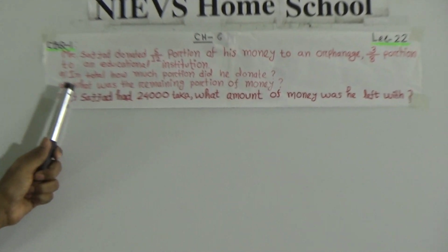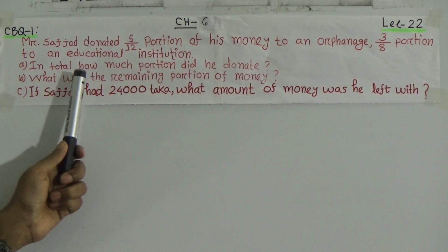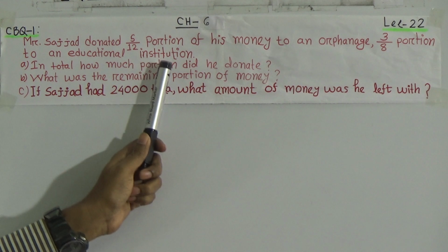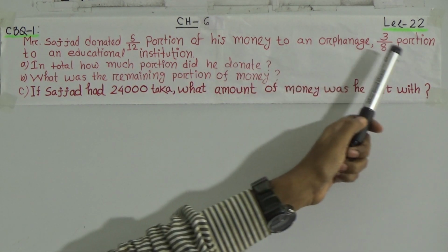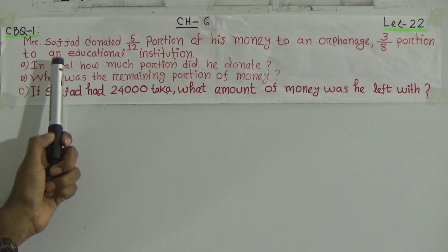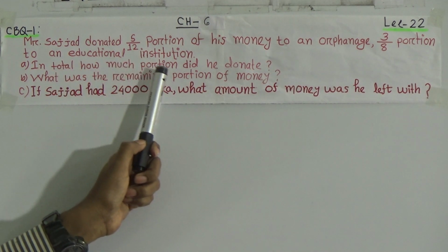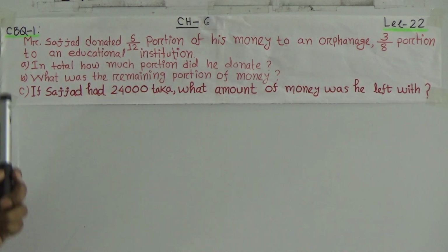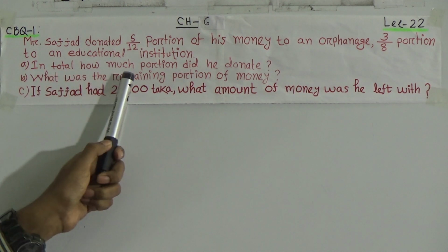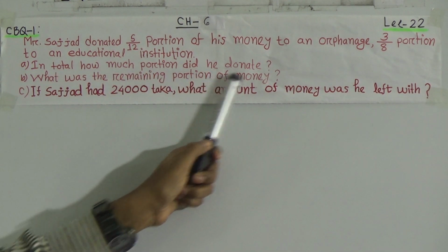CBQ 1. Mr. Sajjad donated 5/12 portion of his money to an orphanage, 3/8 portion to an educational institution. This is the stem. Now you see the question number A. In total, how much portion did he donate?